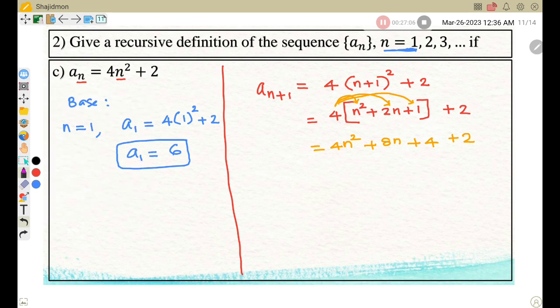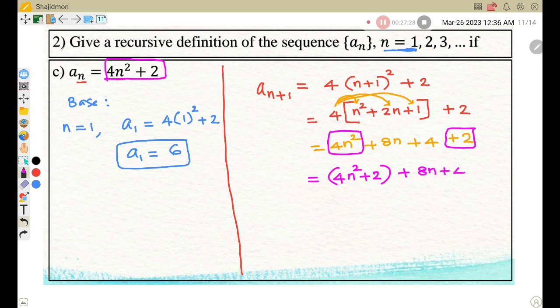Now think about a_n. We need to introduce a_n here, correct? What is a_n actually? 4n square plus 2. So here we have 4n square and we have plus 2 here. Together we can write 4n square plus 2, correct? The remaining is plus 8n plus 4.